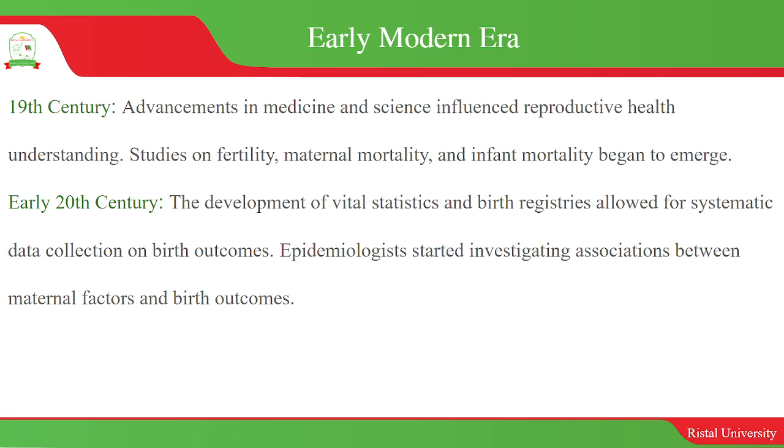However, as the field of medicine advanced, studies were conducted to understand fertility, maternal mortality, and infant mortality. That is where issues to do with understanding how these processes occur, and what factors influence them, came in. That is when this knowledge actually started to advance.